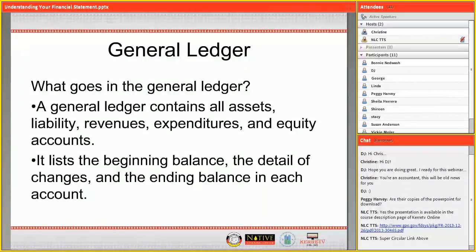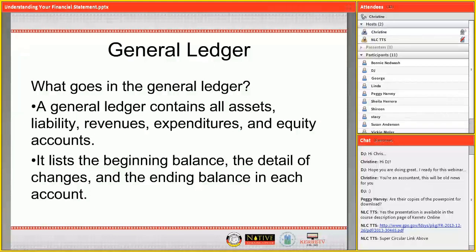Okay, general ledger. This is pretty much the basic part of your financials. It contains all of your assets, all of your liabilities, all of your revenues, all of your expenditures, all of your equity accounts. Everything that you have, if you have 5 different bank accounts, you're going to have 5 different general ledger line items there, okay?